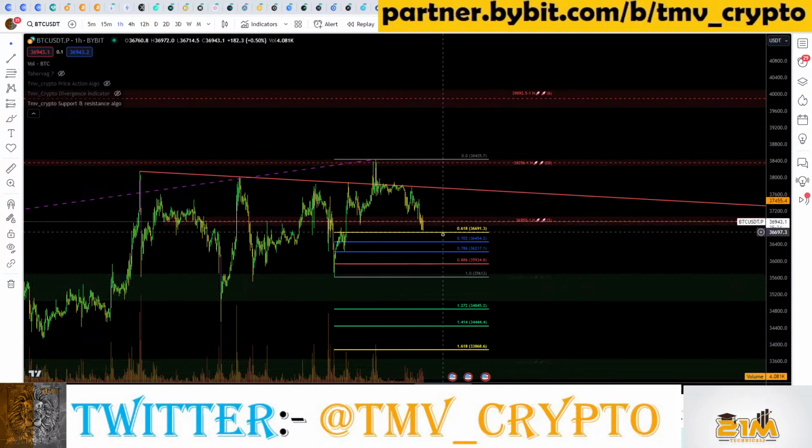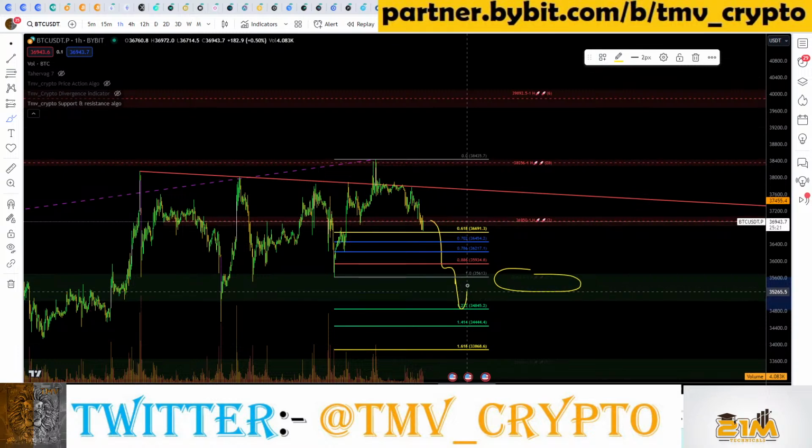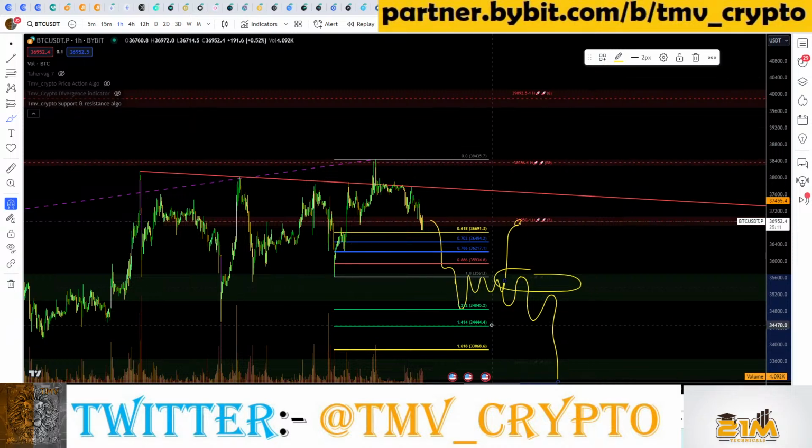If this level is lost, of course we're going to aim for 886, and if the 886 Fibonacci level is also lost and we go to the downside, these are the strong levels again at 35,364 in this green box. So we're going to go down here to 1272 more probably, and just try to flip it, hold up here, and probably going to give us that bounce over here, or start flipping it under these levels and start dumping more. So basically this is how the fibs are very crucial.